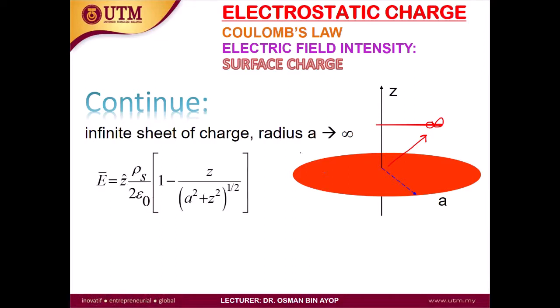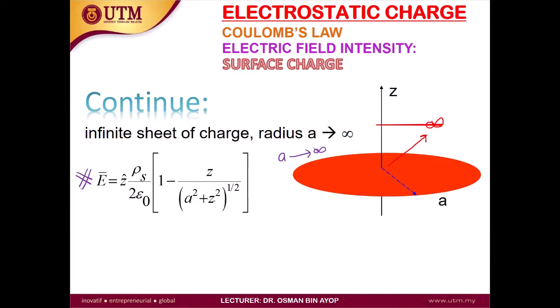This is a conclusion from our analysis. You have to change a to infinity, so the radius becomes very big. When the radius becomes very big, because the a is here, we have z divided by something very big below.